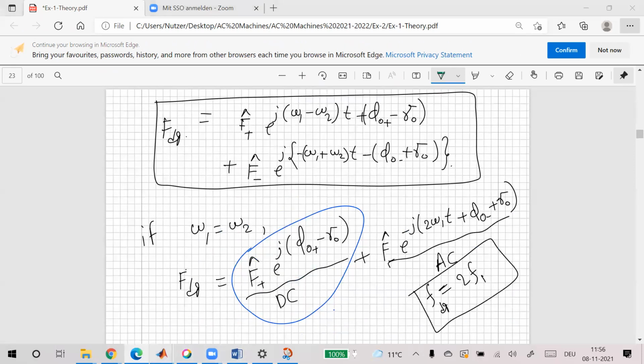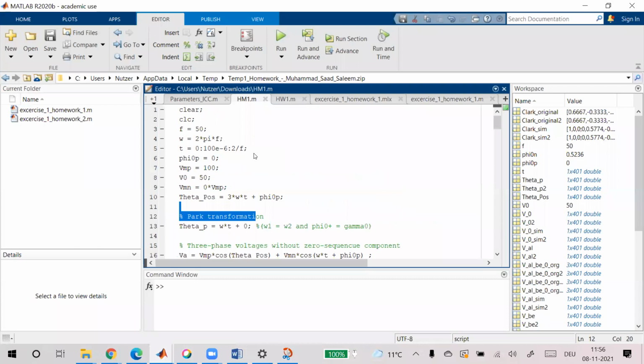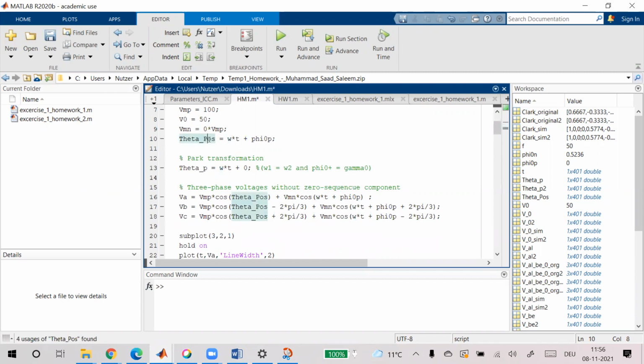Yes. Let's make this the positive sequence. This is your positive sequence angle; you can see it's omega t. Here also you can see omega t. This is your transformation angle, the Clarke transformation. So both the frequencies are the same.